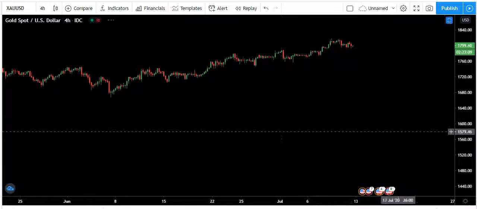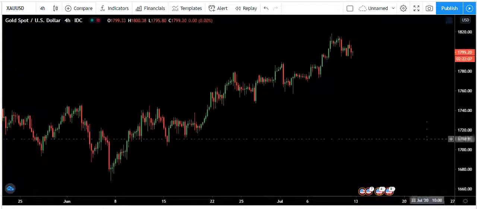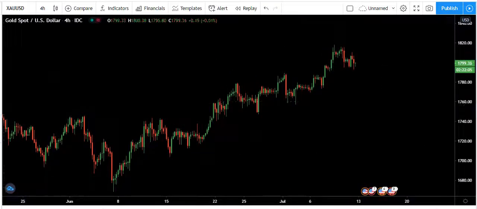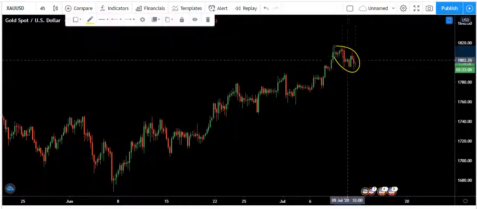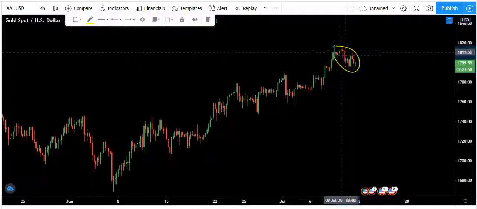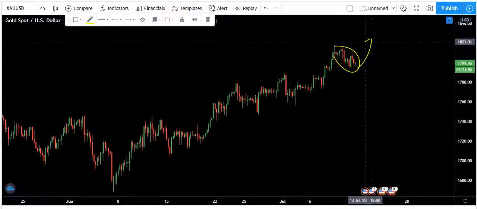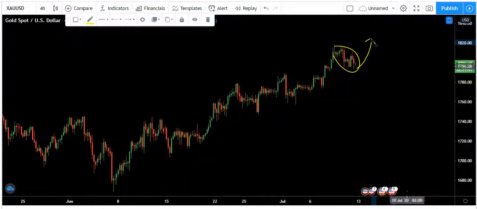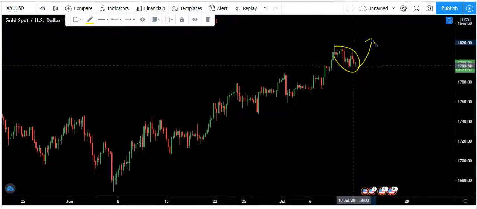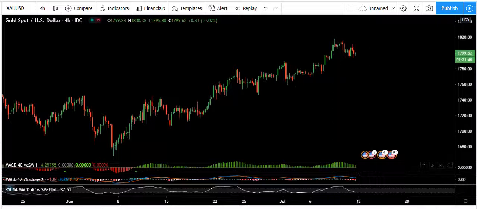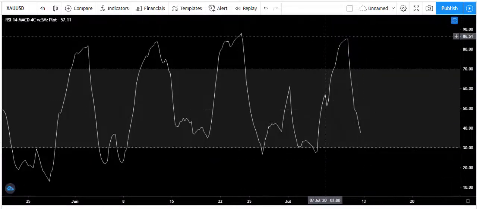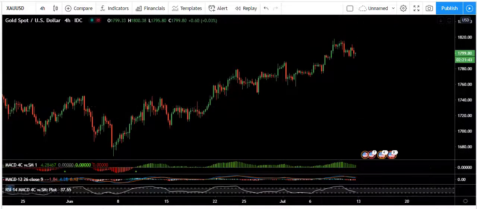Now we move to the 4 hour chart. Now we see the price is correcting here. We want to see how we can trade this, and whether the price from here can go higher or whether this is the start of the downtrend. First of all, we also have a divergence here based on the two indicators.